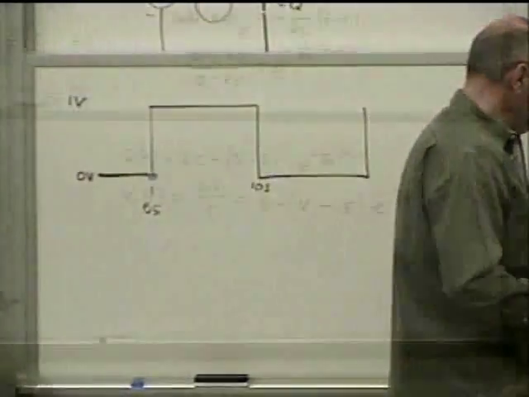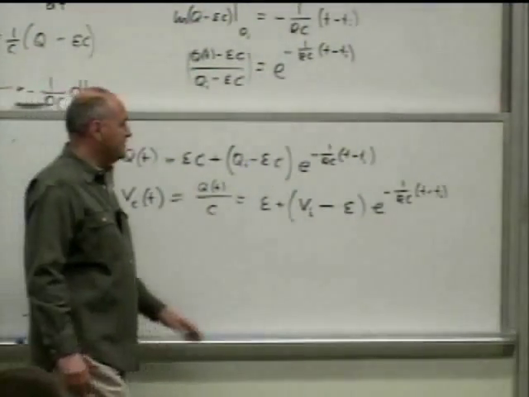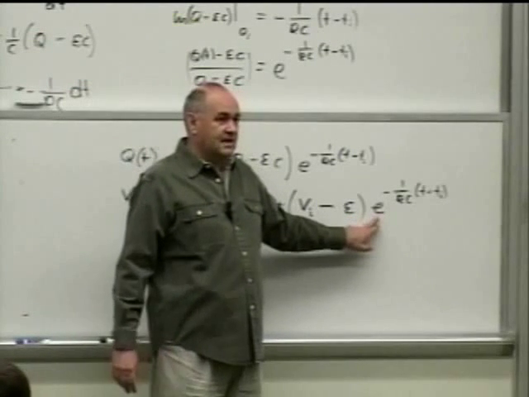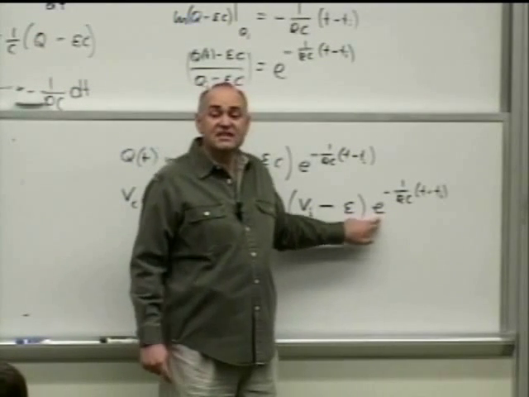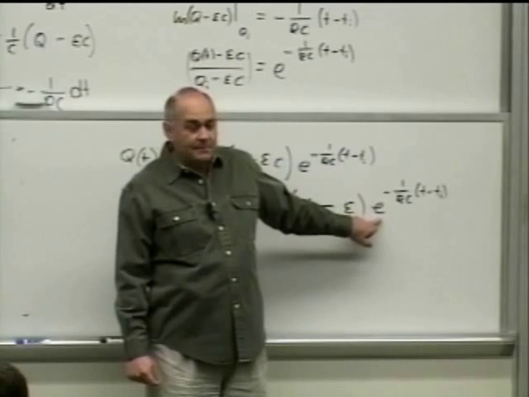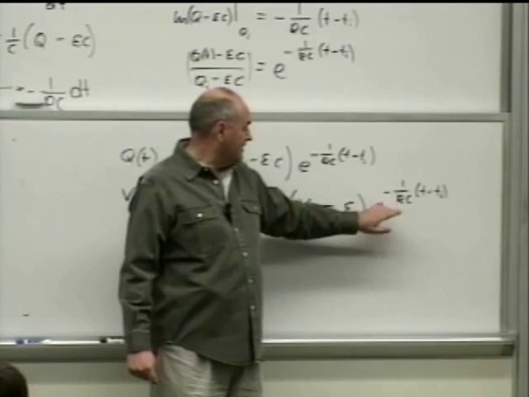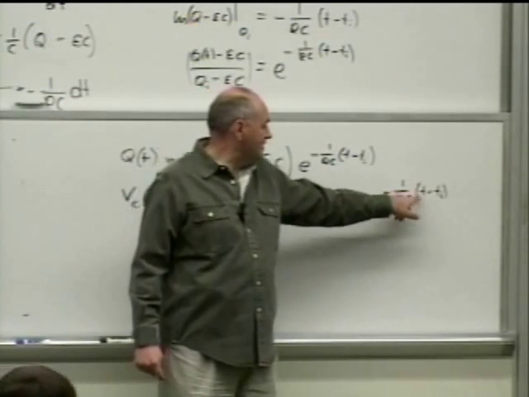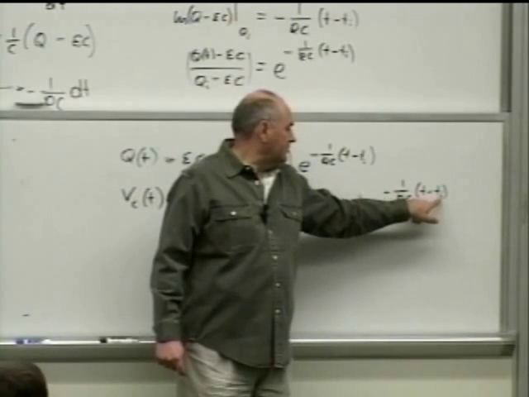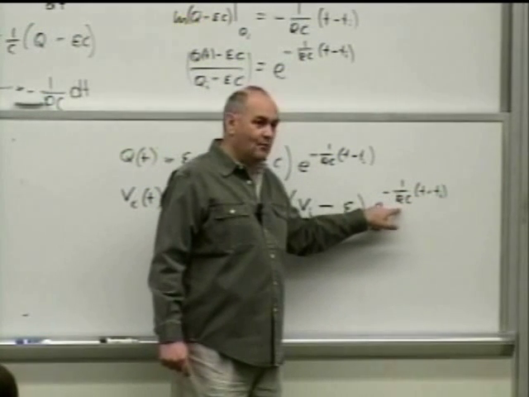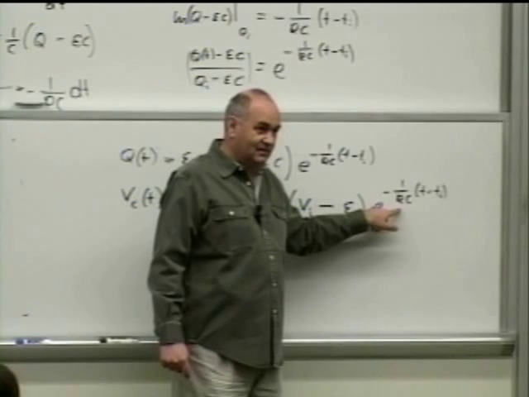Now considering that e is approximately 3, think what will happen 1 second later. Yeah, so here we will have e to the power of negative 1 divided by 1, right?